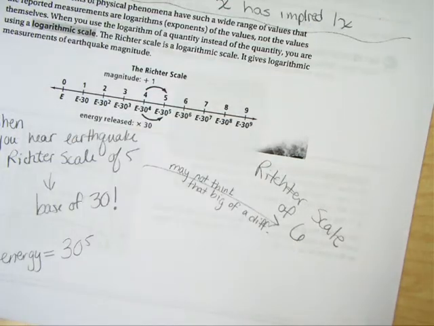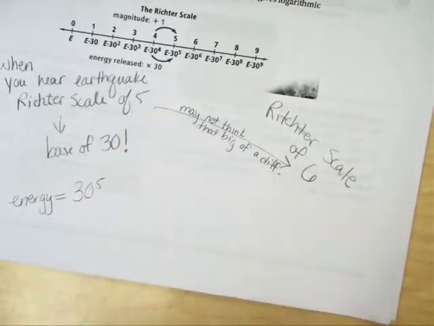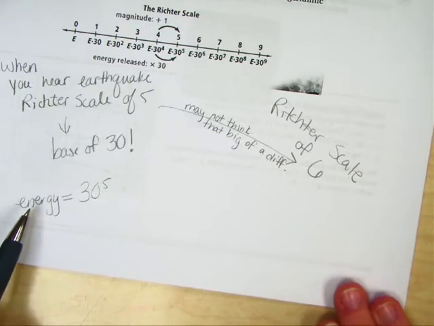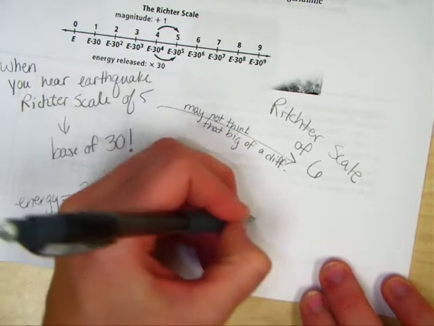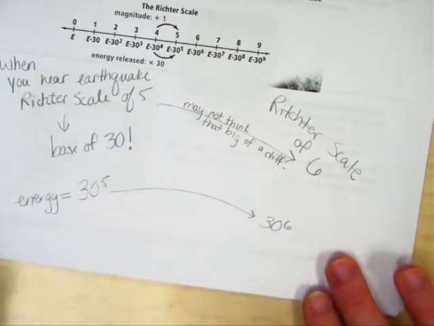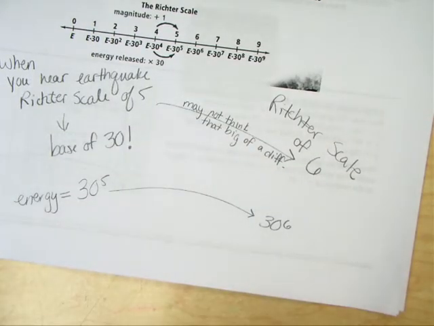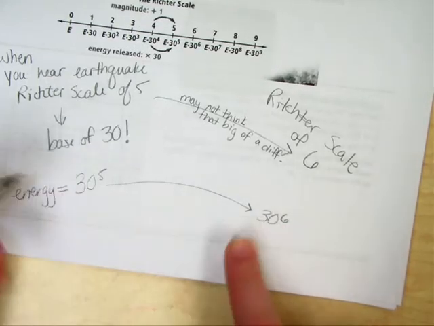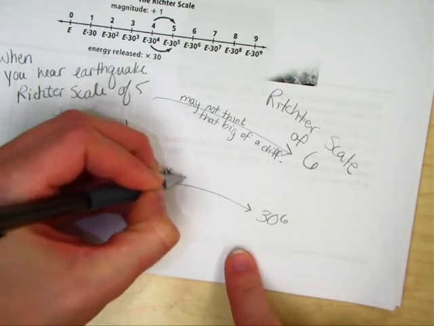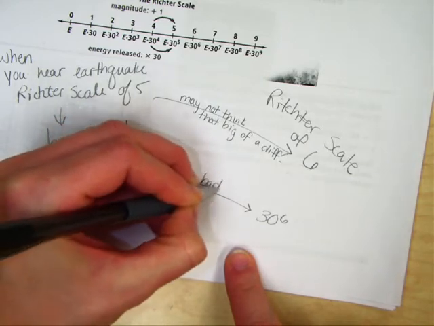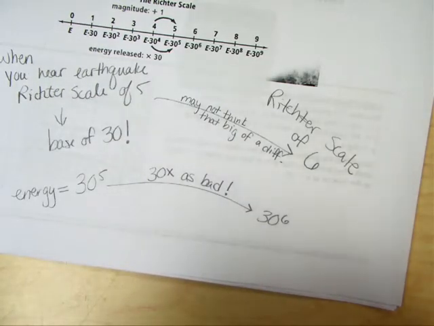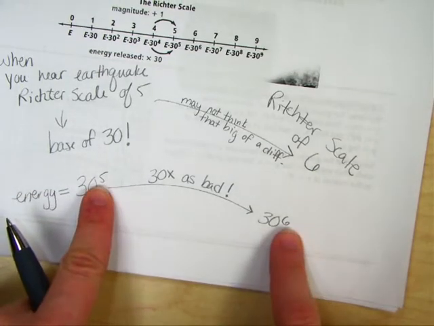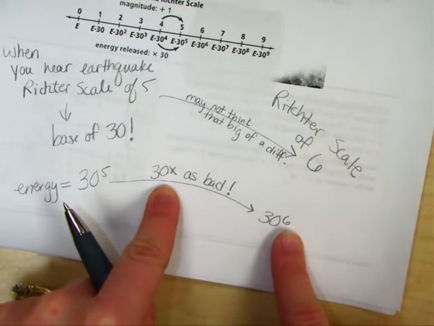But you'd be really wrong, because it's not just a 5 to a 6, guys. The energy released by that earthquake is from 30 to the 5th power to 30 to the 6th power. And if you could actually work those out, you would be amazed at how much energy is released. In other words, it would be 30 times as bad. So it's not just an increase of 1. A Richter scale of 5 to 6 is 30 times as bad.